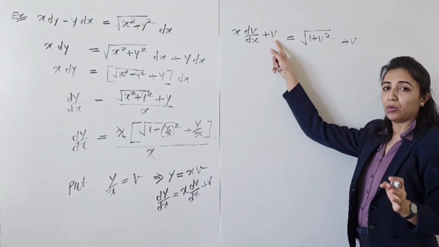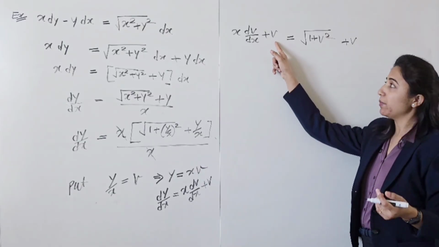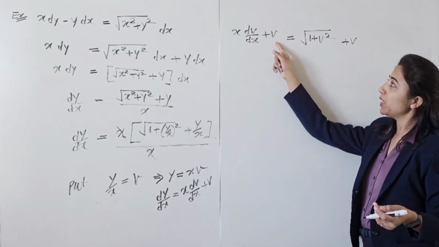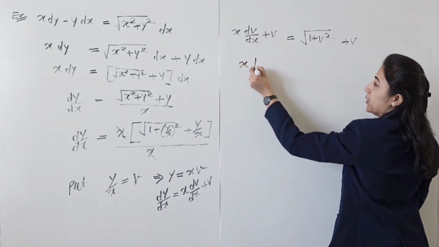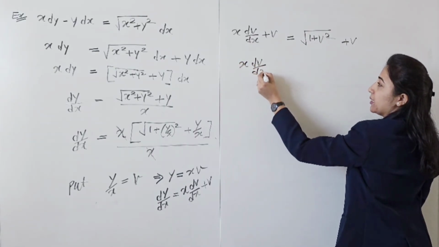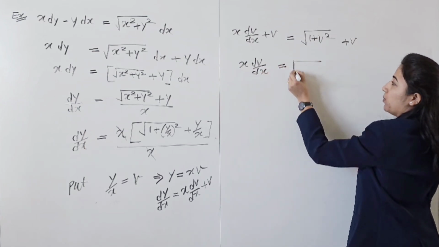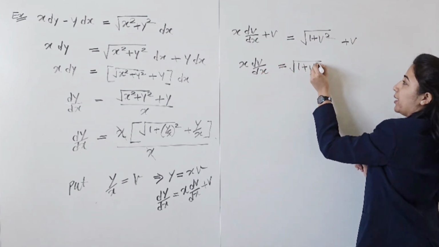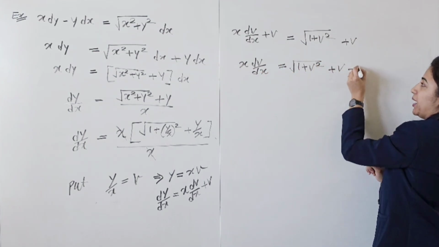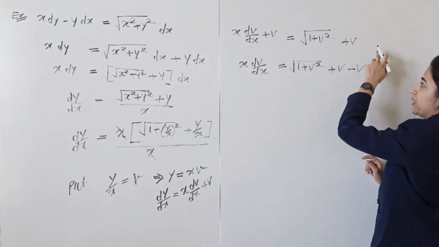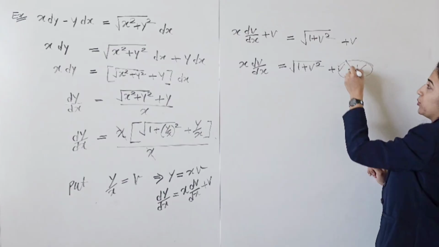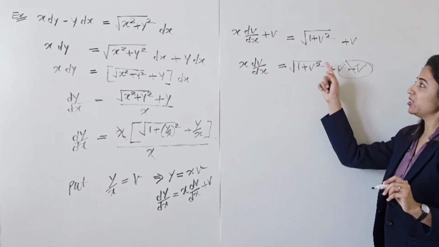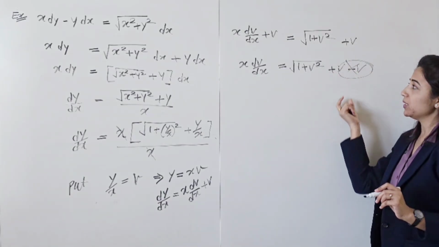The next step is variable separation. So this plus v shifting will be minus. So x dv by dx equal to root of 1 plus v square plus v minus v. Ultimately this becomes 0. So you can write directly 0, otherwise shift it and in the next step write down the 0.